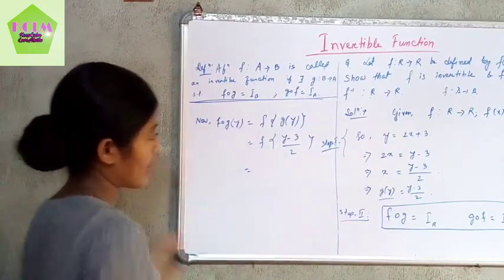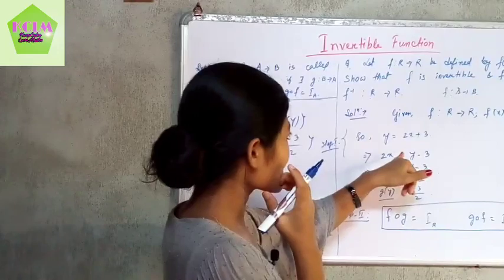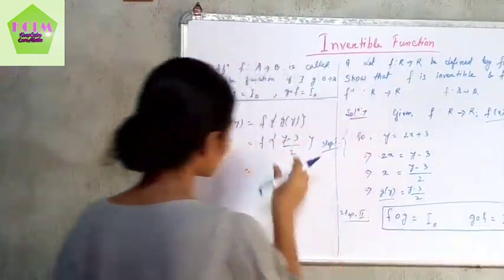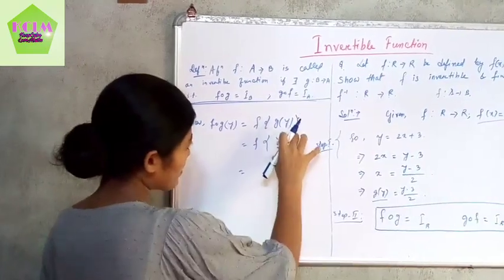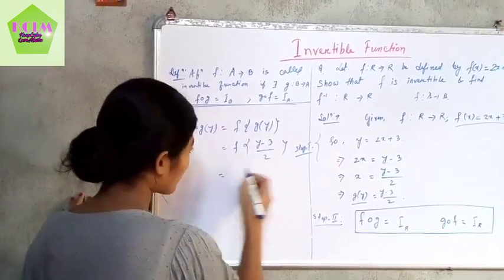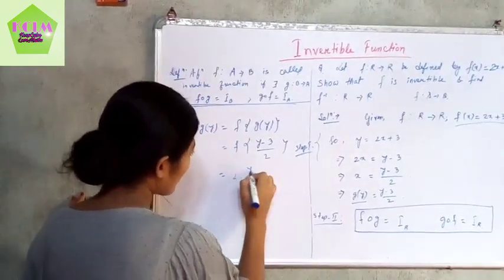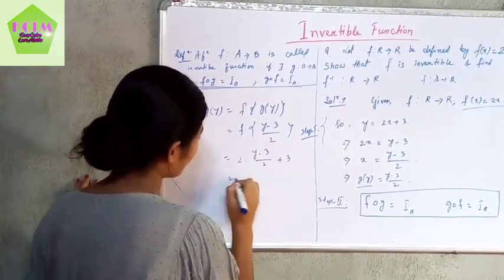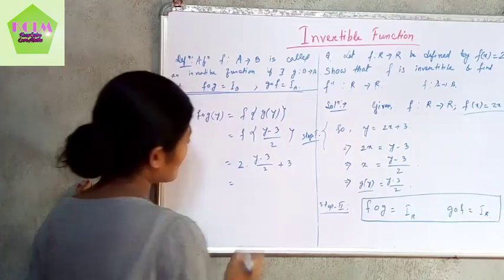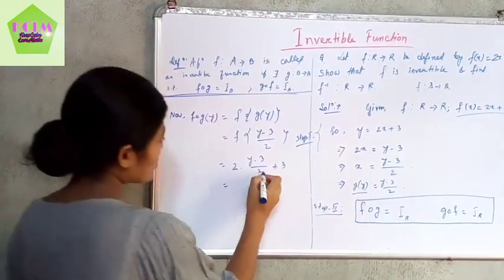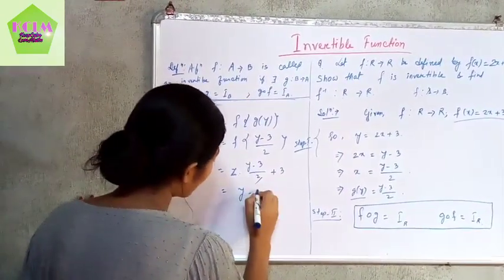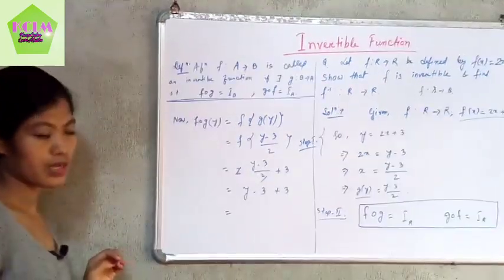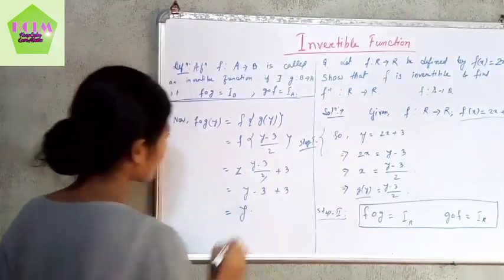Since f of x is twice x plus 3, f of this element will be 2 into this element plus 3. According to the definition, 2 into (y minus 3) by 2, plus 3. Now the 2 cancels out. Finally, we get y minus 3 plus 3, and this is nothing but y.